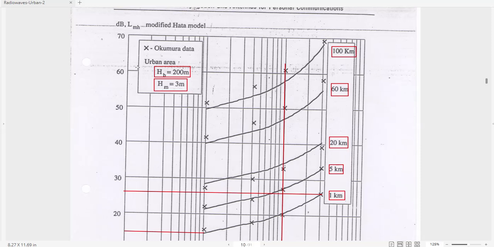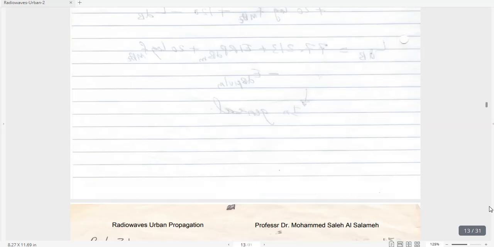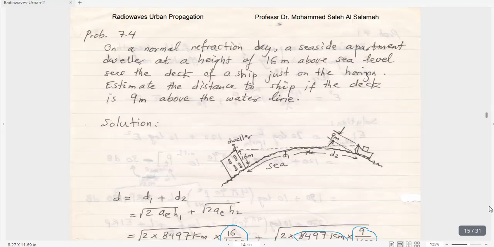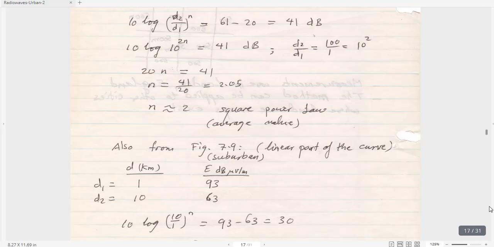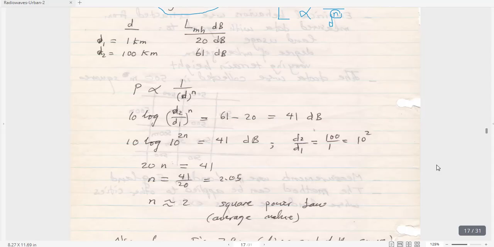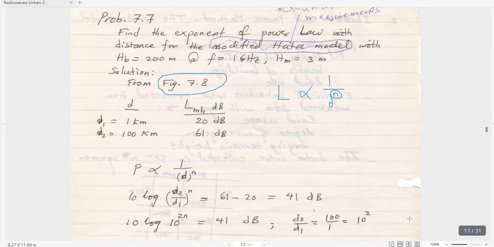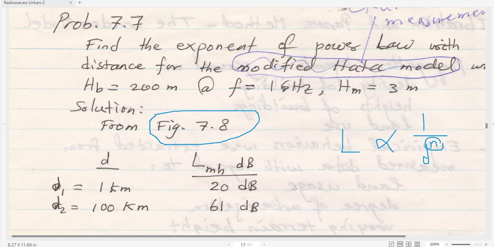We know distance, we know loss, so we can find the power law. So we said that at 1 kilometer the loss was 20 dB, and at 100 kilometers the loss is 61 dB.